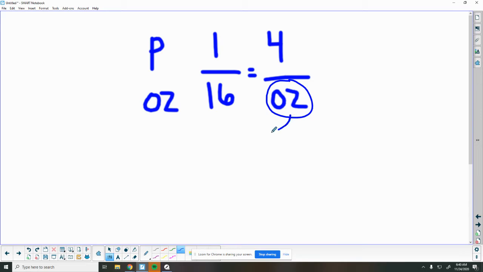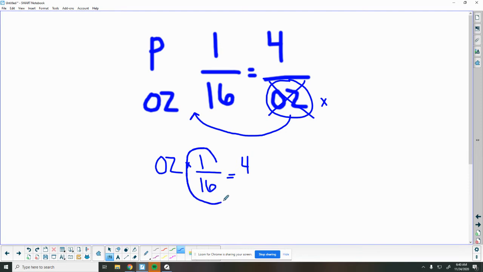So I need to try and get that by itself. I've got to move it to the other side because I've got to undo this division first. The opposite of divide is to times. So if I times it here, it cancels it out and we move it to the other side. So now we have ounces times 1/16 equals 4.